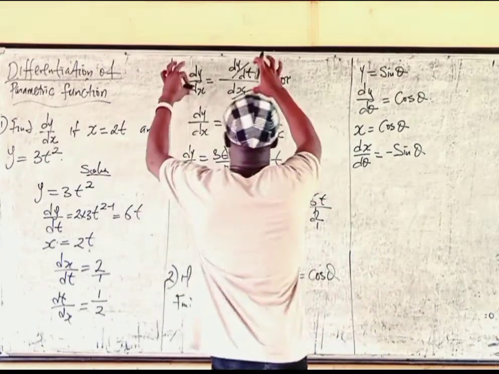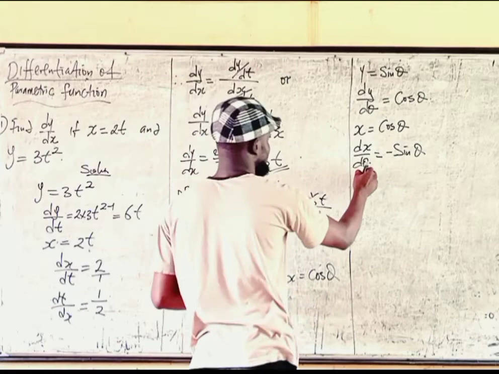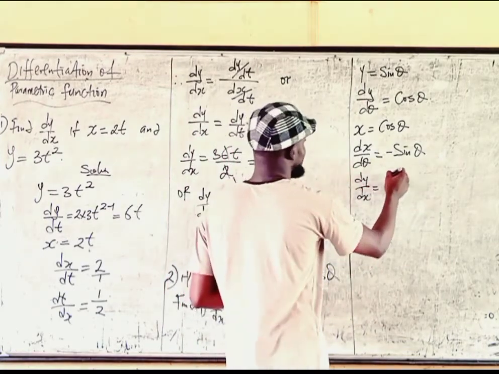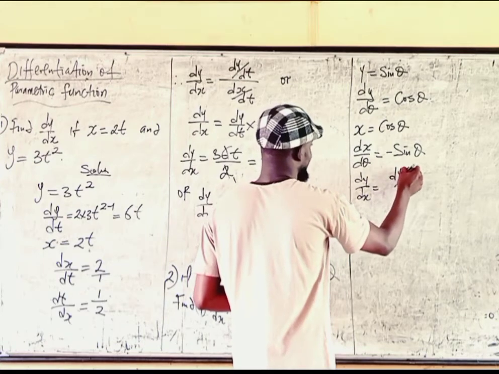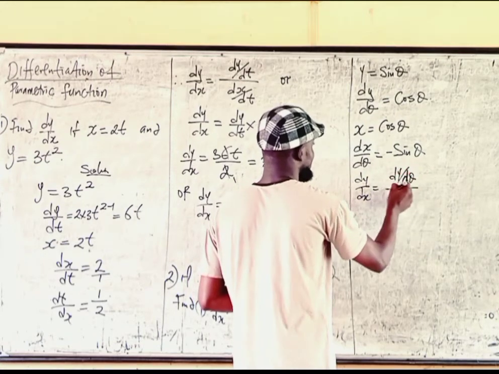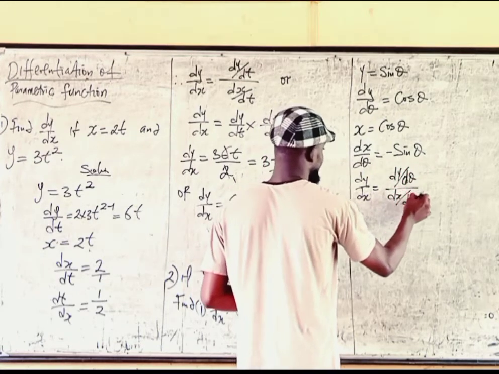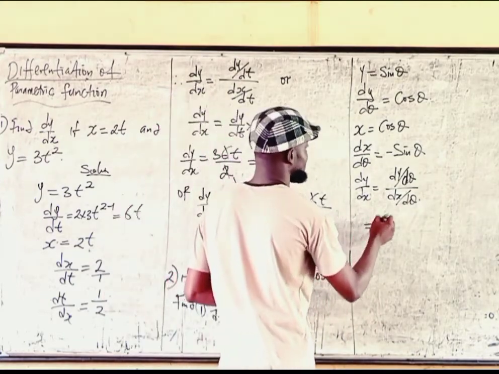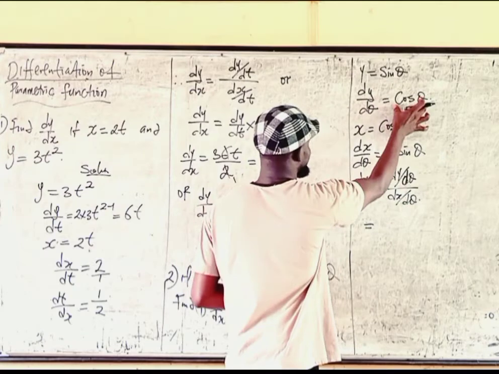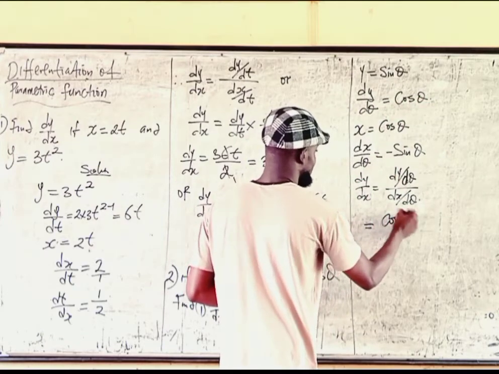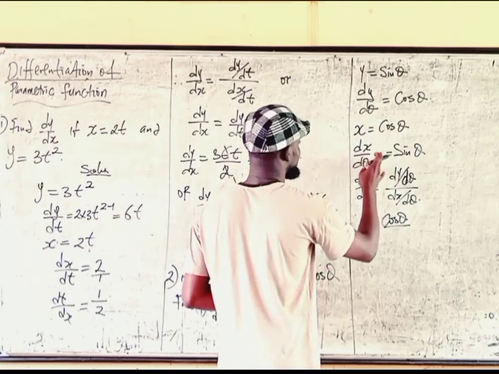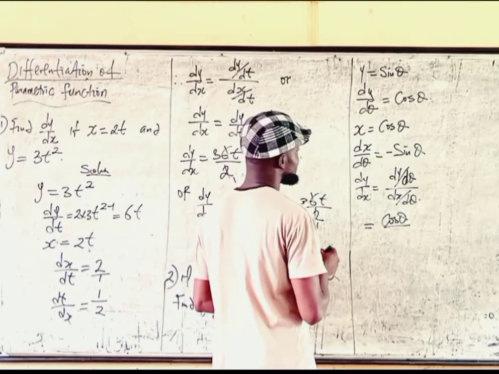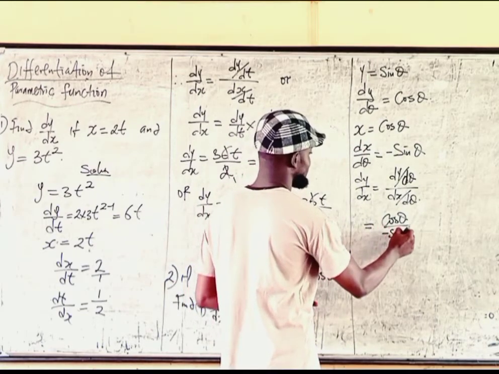So from this first approach, dy over dx can be said to be dy over d theta divided by dx over d theta. So dy over d theta is cos theta, over dx over d theta, which is minus sine theta.